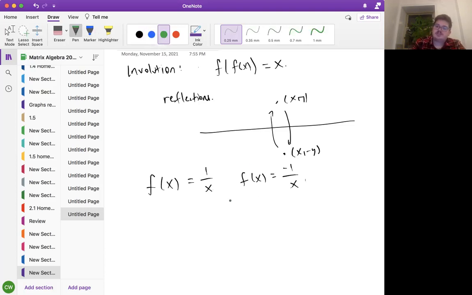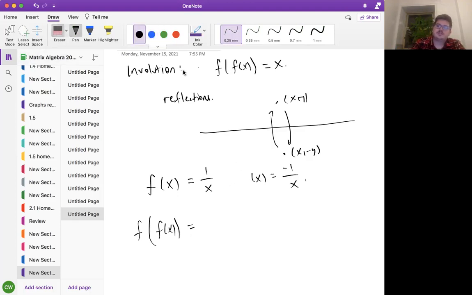Can you prove why these are true involutions? Sorry, these are separate functions.